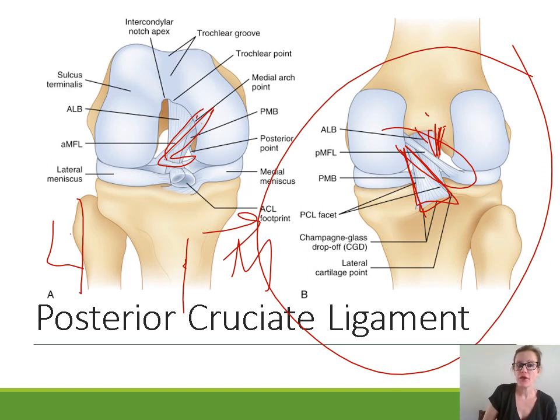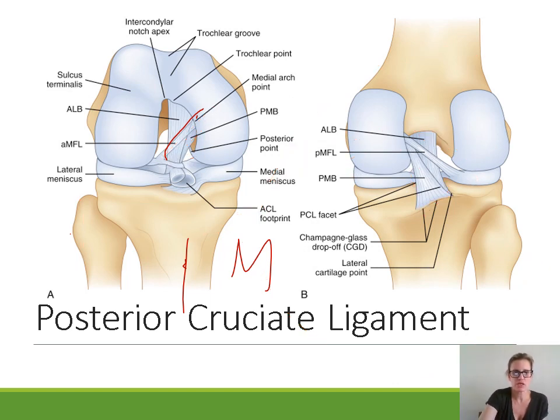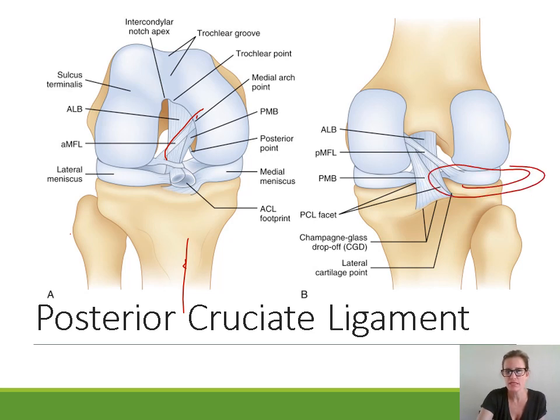This is the anterior meniscofemoral ligament, and in the back is the posterior meniscofemoral ligament. These go from the meniscus up to the femur. So you can see here, this is the lateral meniscus, the little piece of cartilage. This ligament's going from that lateral meniscus up to the femur in the back of the knee. And then here in the front, you can see it attaching to the meniscus and then going up to the femur in the front of the knee.